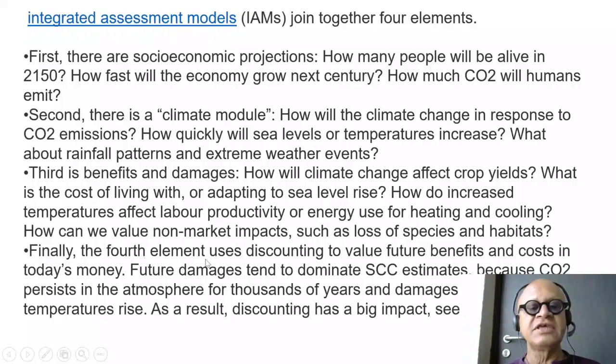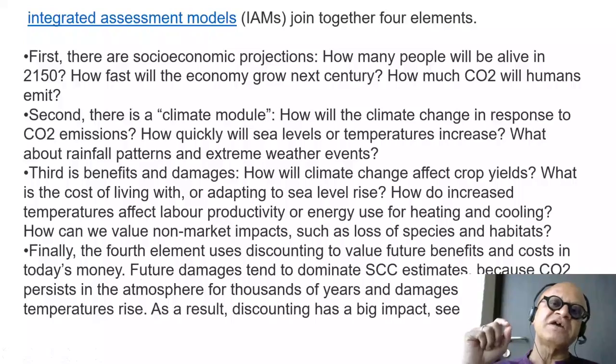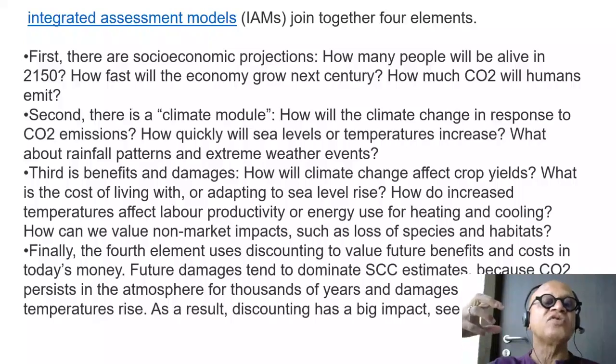Fourth is the discounting to value future benefits and costs in today's money. In economics, it basically comes down to doing cost benefits, where you are investing today for the future. So you have to take some discount rate, which we will define soon. Basically how the value of your money decreases with time.